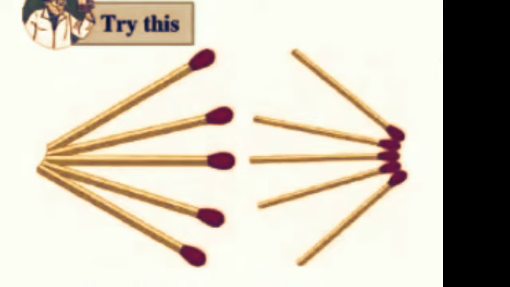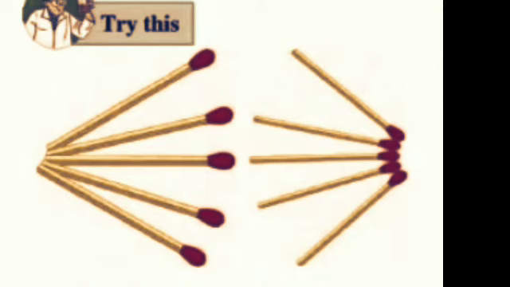Try this activity which is given in your textbook, which is related to divergence and convergence of light. In this activity, take 5 sticks from a matchbox, arrange them so that their heads come together at a point.